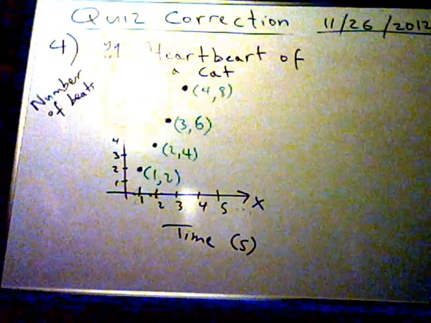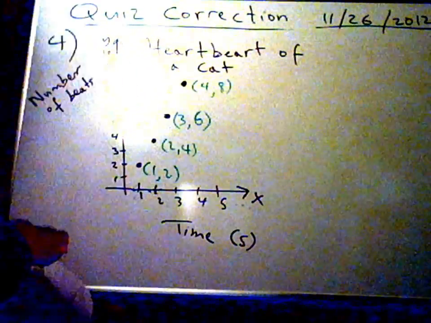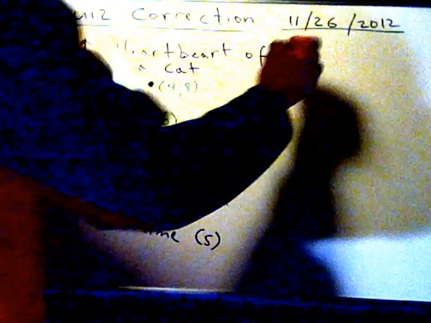Before I answer the question, I want you to notice something. Notice that the points that you have here, you have 1, 2, right? If you take this point and multiply both parts by 2, 2 times 1 is 2, 2 times 2 is 4, you get the second point.